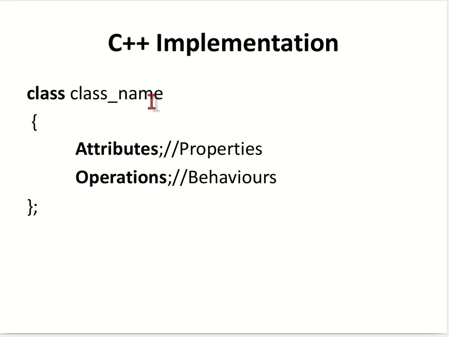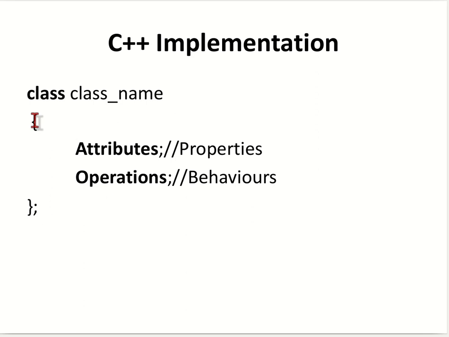You are creating a new user defined data type, and we can use that. Here we associate the properties or attributes and operations in a single class. This is the syntax of creating a class.